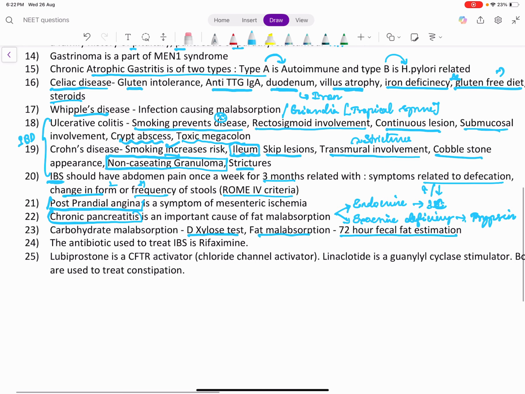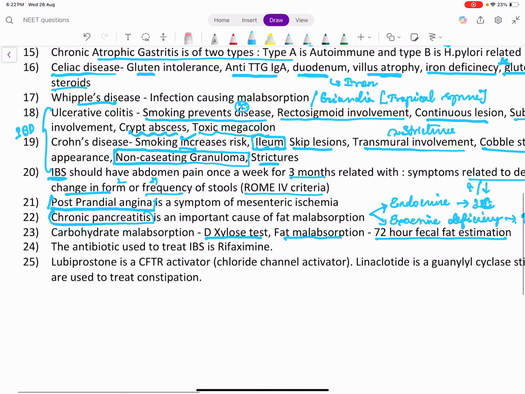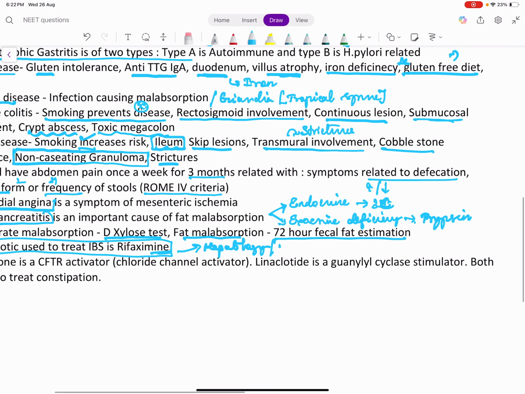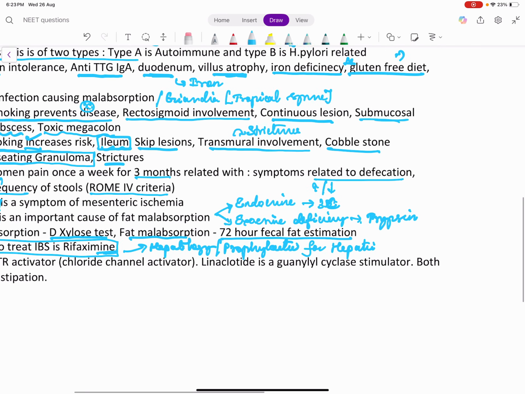So we discussed IBS. One antibiotic which is used to treat IBS is rifaximin. Rifaximin, we know, is a non-absorbable antibiotic which is used in hepatology as a prophylactic for hepatic encephalopathy.